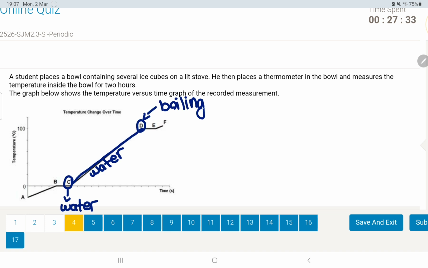But when something starts to boil, it's still a liquid. After some time, will it change into a gas? So what you need to know, C to D is only water, basically. Okay? So now here, we're gonna have point D. D here we said is the boiling point.